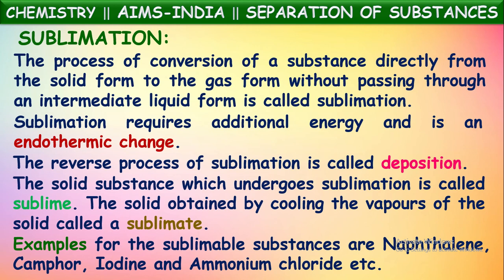This is the reason why we often observe that naphthalene balls kept in the almirah reduce in size. If you keep a naphthalene ball in the almirah, after a few days the size of the naphthalene ball will be reduced. Where is it going? It is slowly converting into gaseous form.